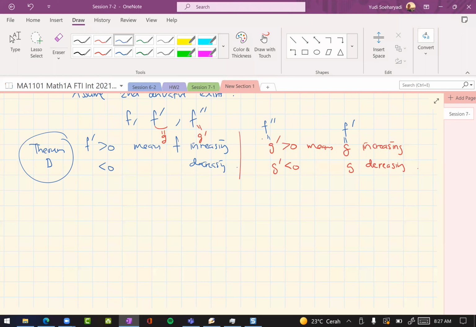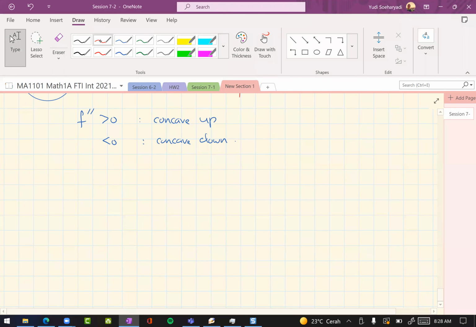Okay. So what does this have to do with the graph? All right. So name here. Second derivative positive is what we call concave up. Okay. Negative, this is what we call concave down. Okay, so let's see what it has to do with the graph. All right, let's observe this graph, this shape.